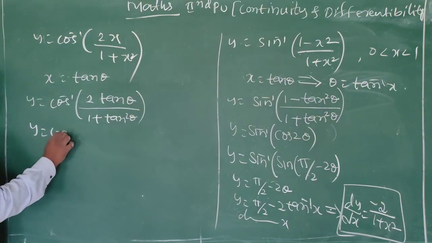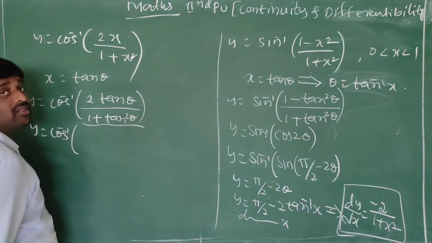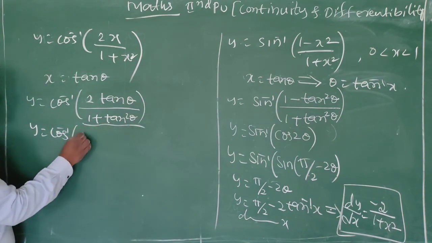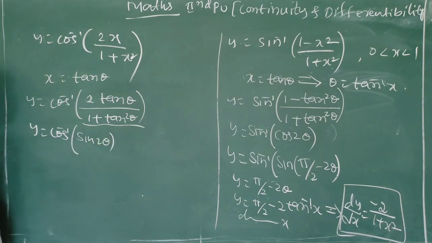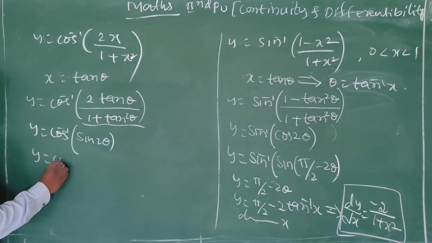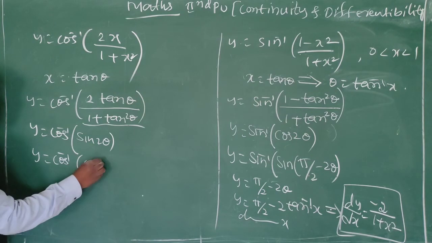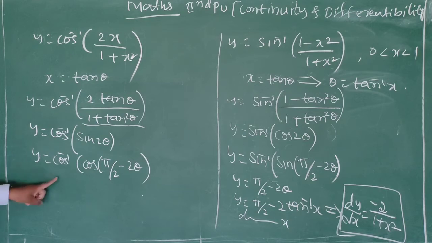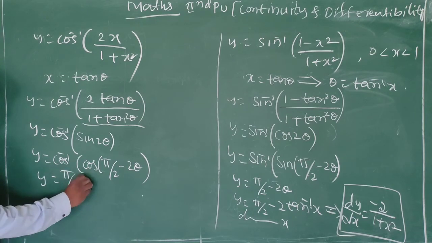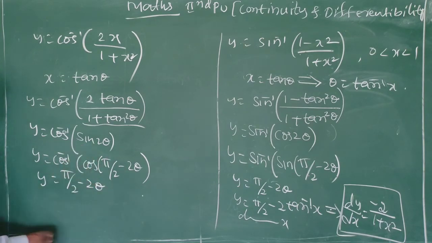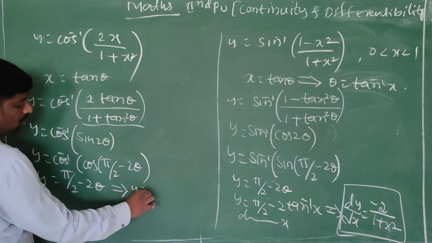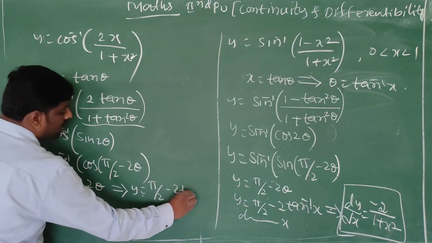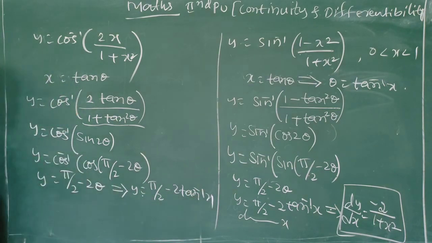This value is what? This value is sin 2 theta. So sin 2 theta can be written as cos of 90 minus 2 theta. So y is equal to cos inverse of cos of pi by 2 minus 2 theta, which gives y is equal to pi by 2 minus 2 theta. So this is equal to pi by 2 as it is minus 2 tan inverse x.